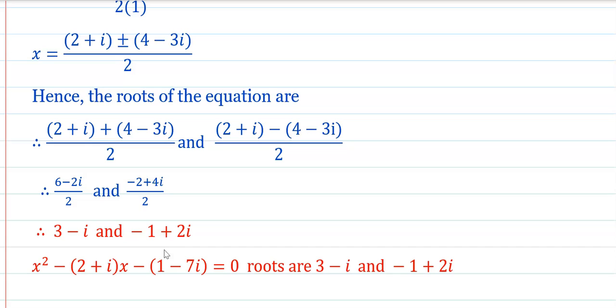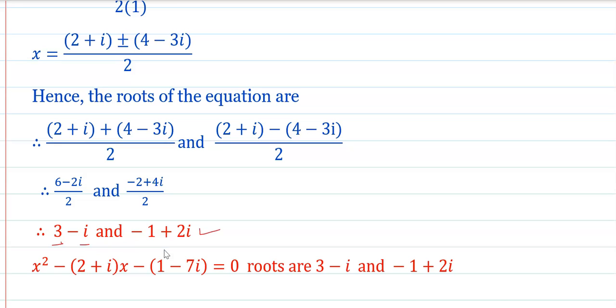Taking 2 as common, 6 upon 2 gives 3, minus 2i upon 2 gives minus i. Next, 2 minus 4 gives minus 2, plus i and plus 3i gives 4i, upon 2. Minus 2 upon 2 is minus 1, 4i upon 2 is 2i.